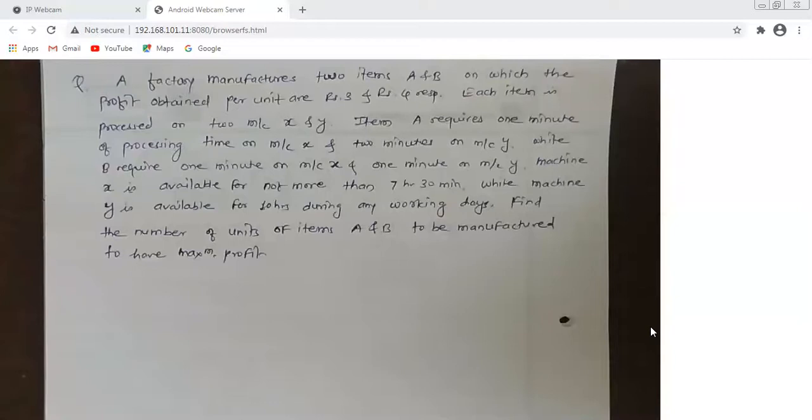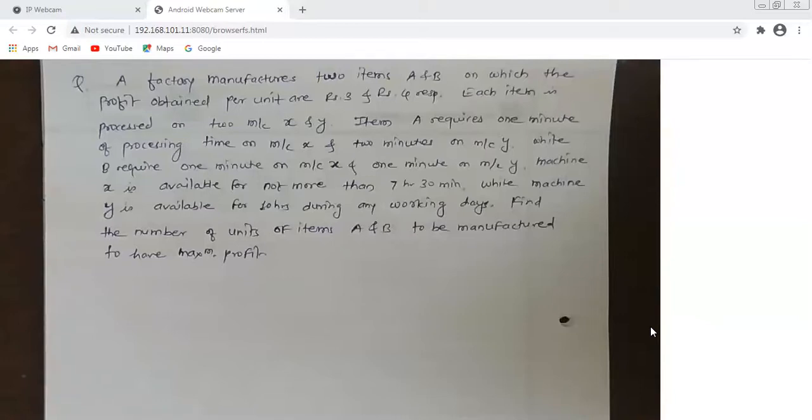Each item is processed on two machines X and Y. Item A requires 1 minute of processing time on machine X and 2 minutes on machine Y, while B requires 1 minute on machine X and 1 minute on machine Y. Machine X is available for not more than 7 hours 30 minutes, while machine Y is available for 10 hours during any working day. Find the number of units of items A and B to be manufactured to have maximum profit. This is the question that we have to solve today.